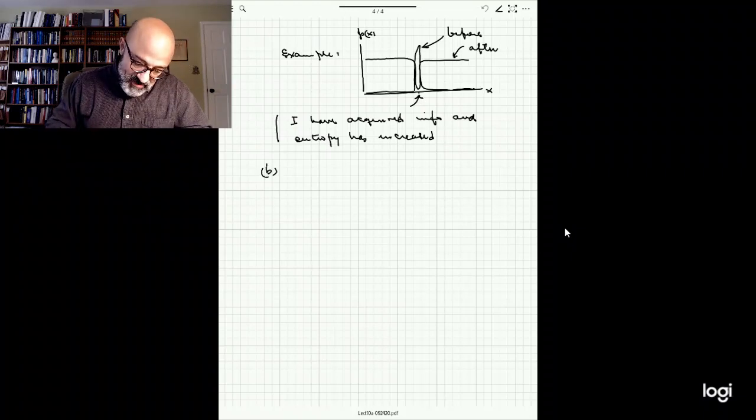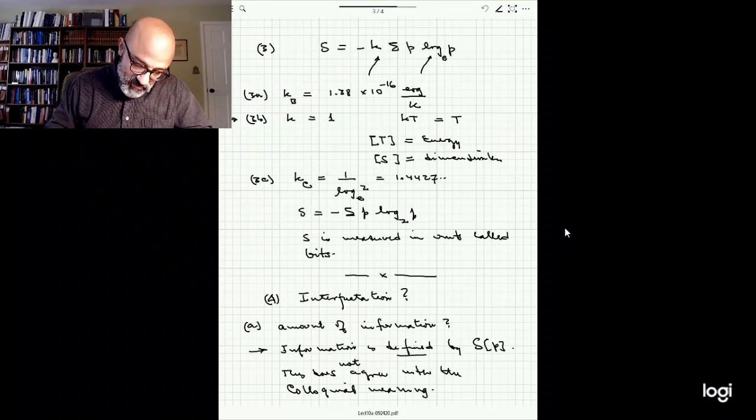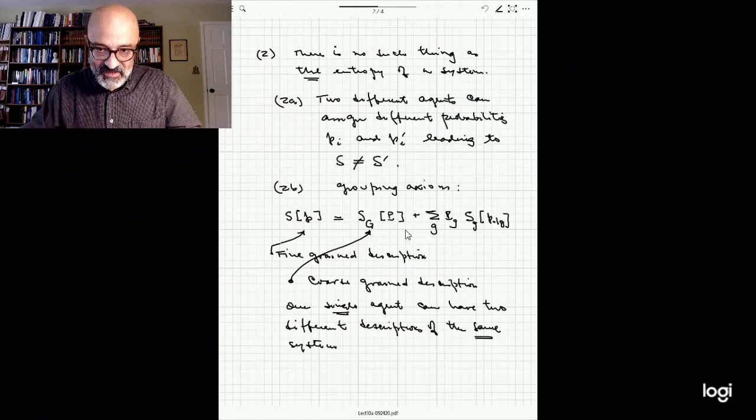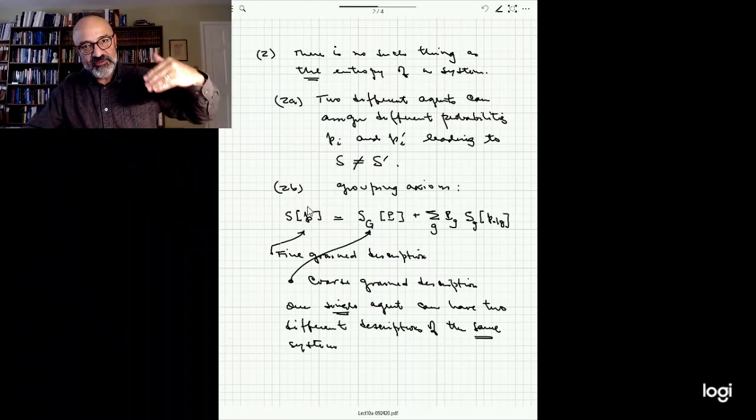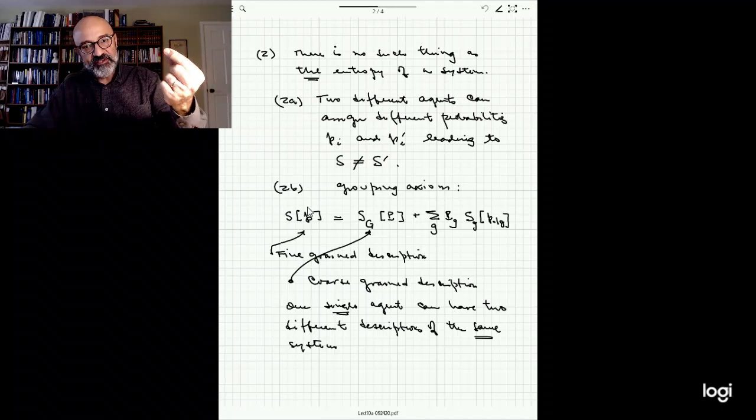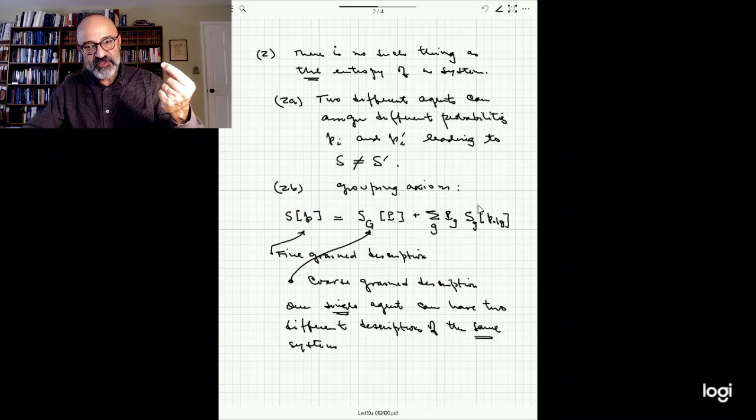When we looked at the group axiom, we understood this group axiom as saying you can provide the missing information about which is the alternative that is the true one, all in one step or in two steps.